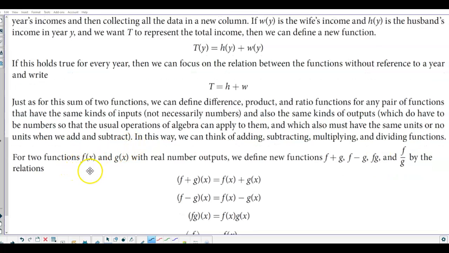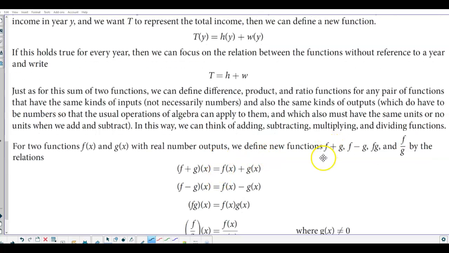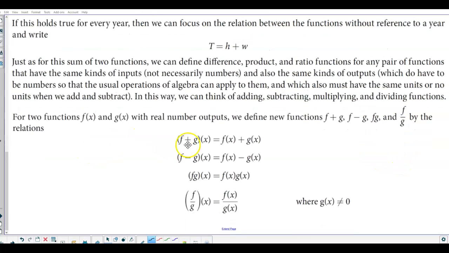For two functions, f of x and g of x, with real number outputs, we define new functions f plus g, f minus g, f times g, and f divided by g by the relations. So whenever you're given this form, parentheses f plus g of x, you write the definition out as taking the function f of x plus g of x.